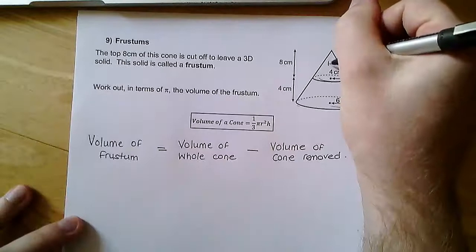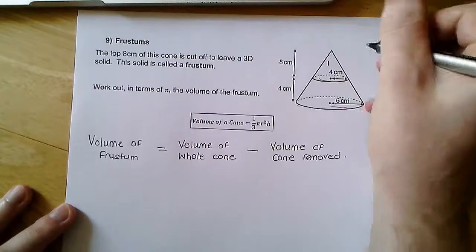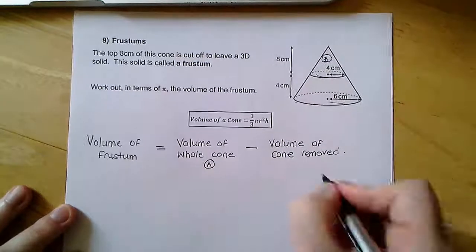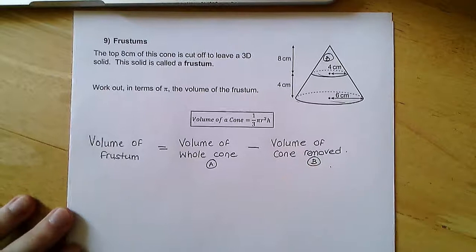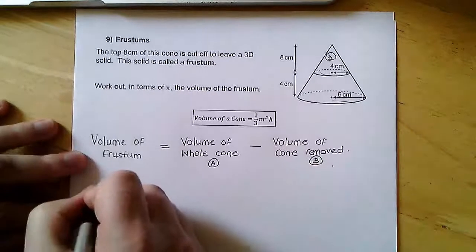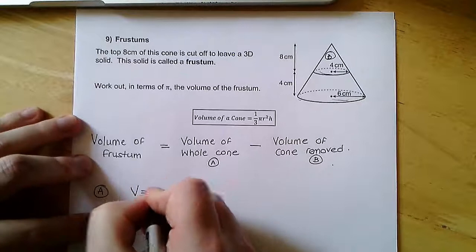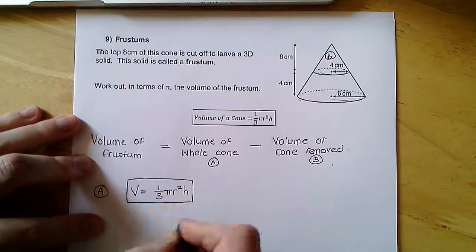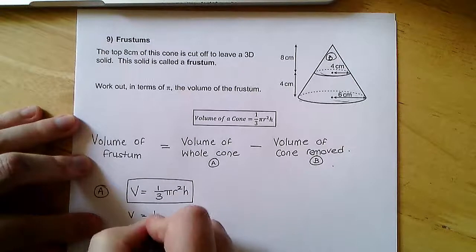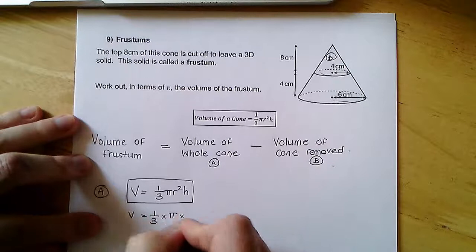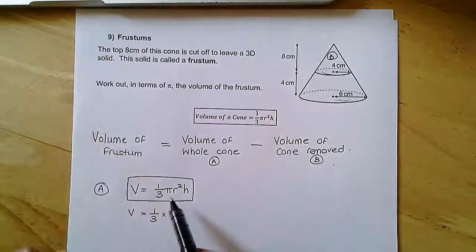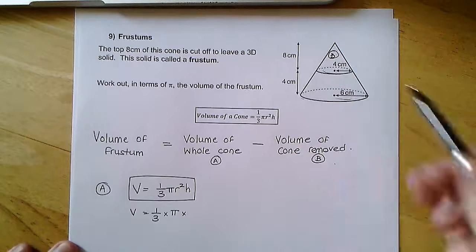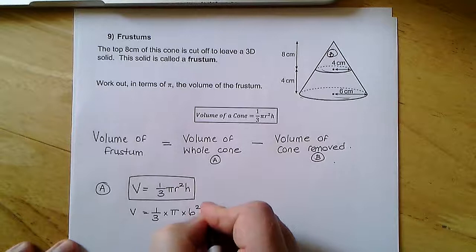So I'm going to call the whole cone A, and I'm going to call the little cone B. So if we look at A, we know the volume is 1/3 pi r squared h. So the volume is 1/3, lots of pi, lots of r squared. Now the radius is this 6 here, because I'm looking at the whole cone. 6 squared times the height.